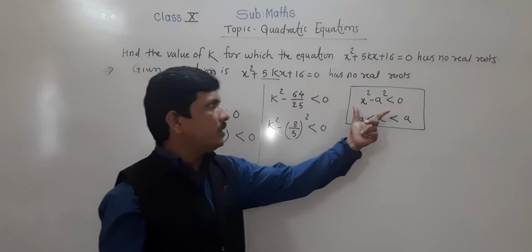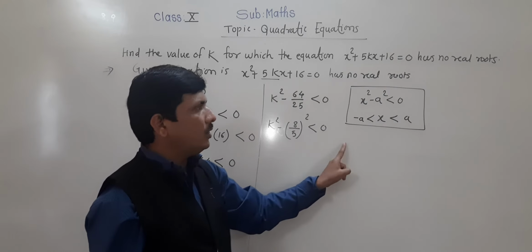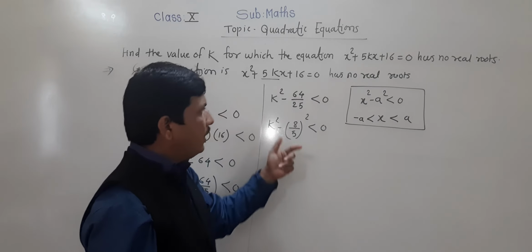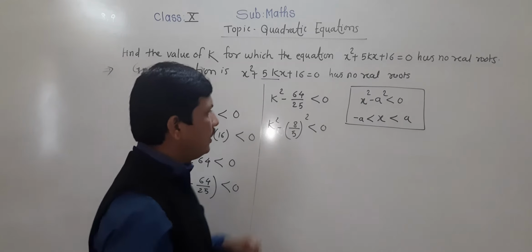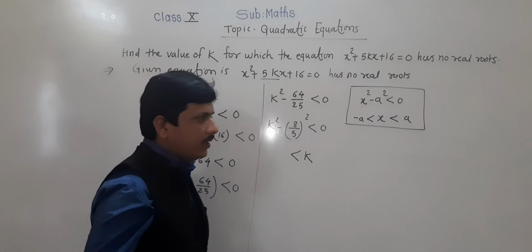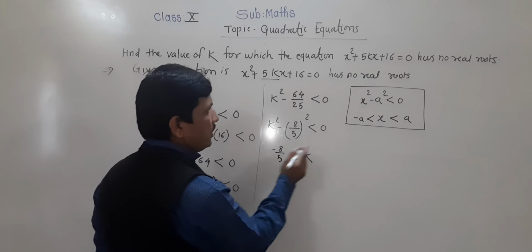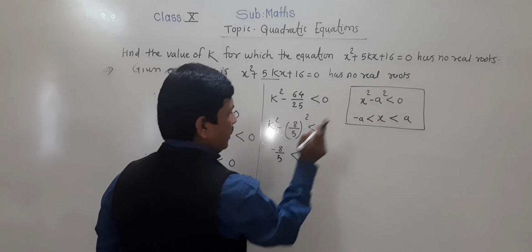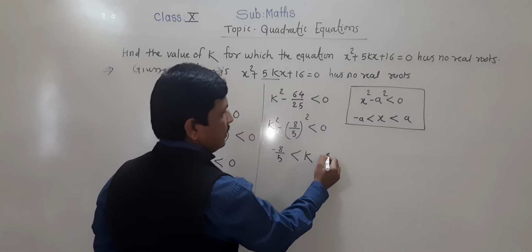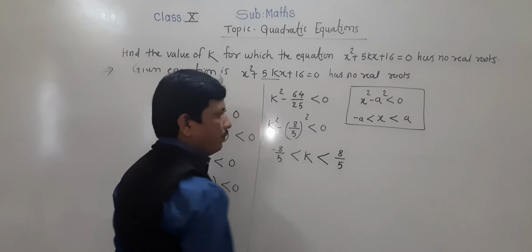We got the same result: x square minus a square is smaller than 0. So what we can write here? The value of k is greater than minus 8 upon 5, that is a, since the square root of a square is a, and k is smaller than plus 8 upon 5.